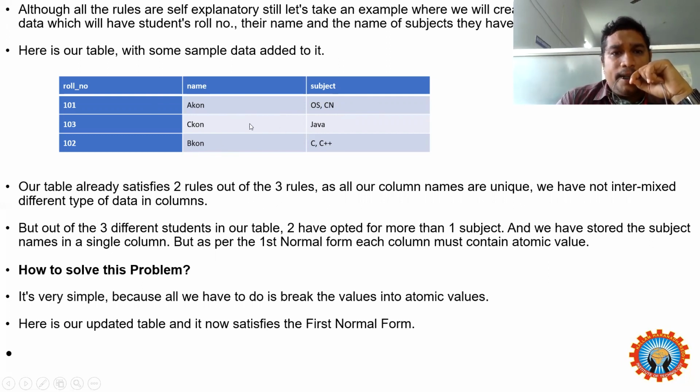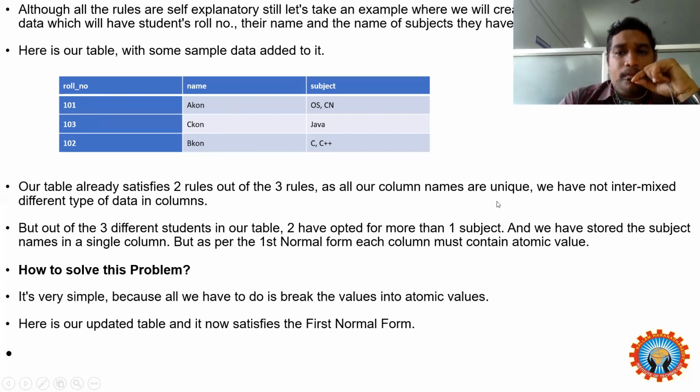Two rules are satisfied: there should be different names for each attribute, and all the values in a column should be of the same type. Whatever your domain values are equals your tuple values, the column values.